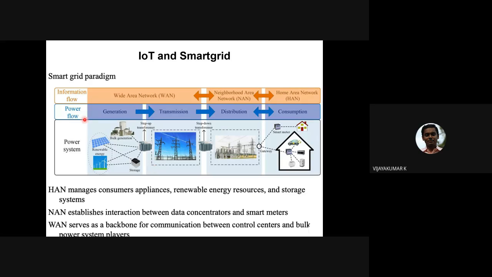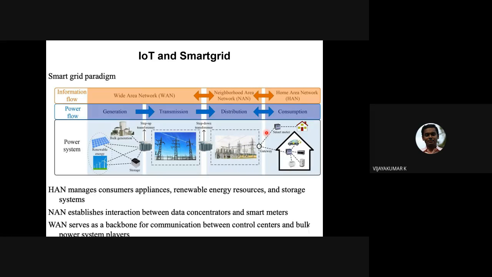Now when we come to the information flow and power flow in smart grid systems, as I told you earlier, in a power system we have generation, transmission, distribution, and consumers. In the distribution, you have primary distribution and secondary distribution.